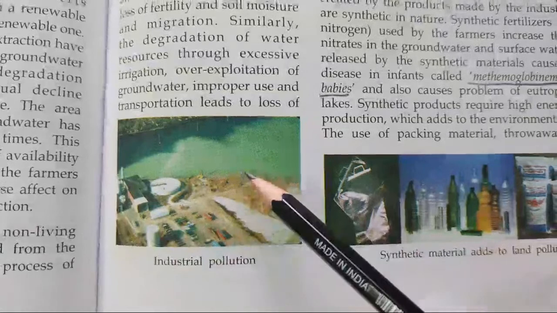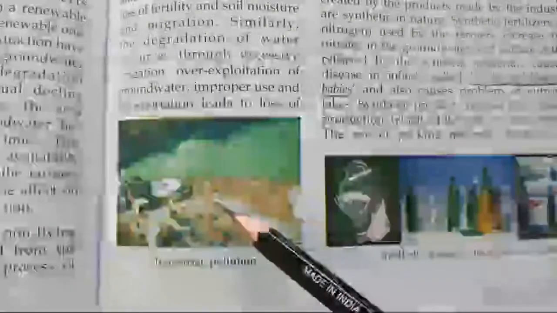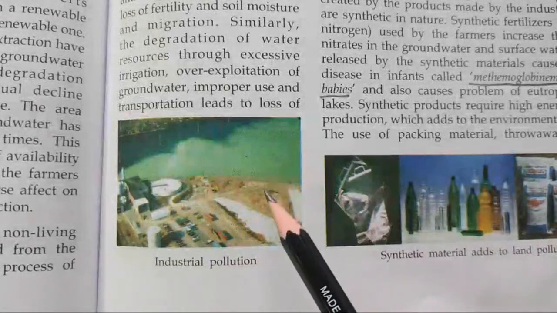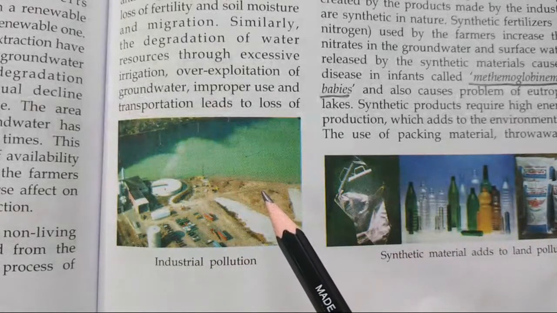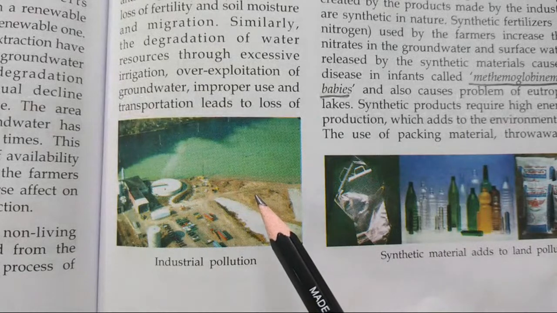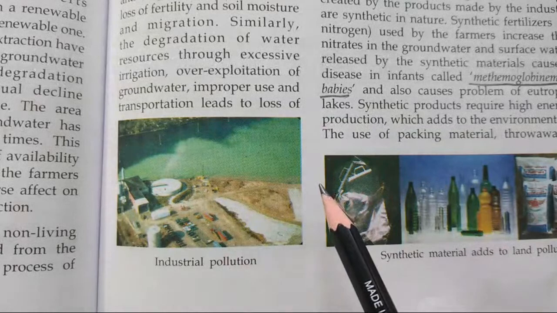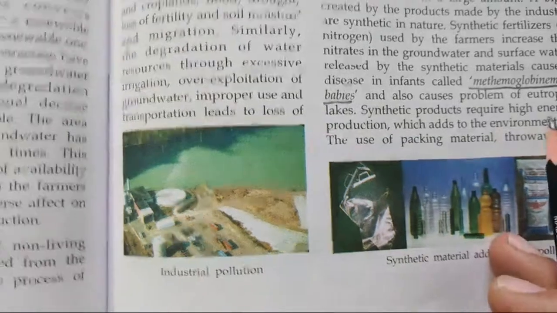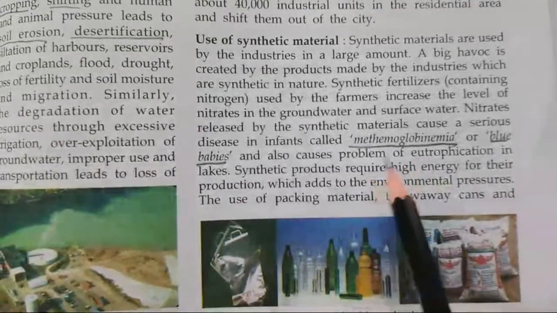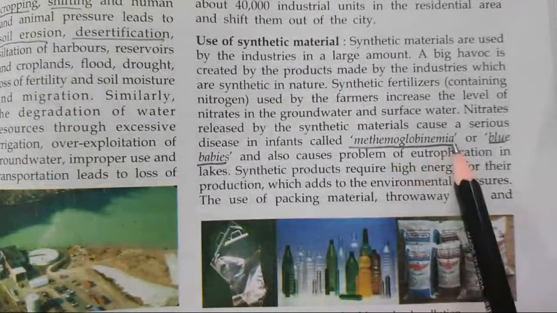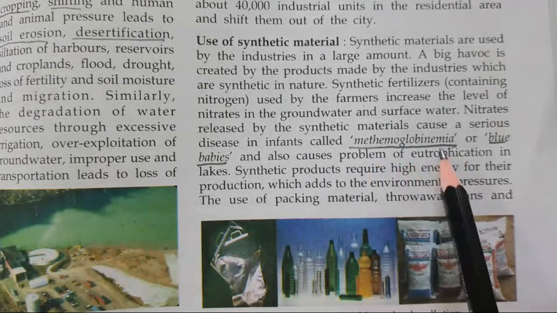So when children drink the water, and the newly born children, they are affected, their bodies are not able to absorb oxygen properly, and therefore the whole body turns blue, because blood clotting takes place, which is mentioned here, which is methemoglobinemia.